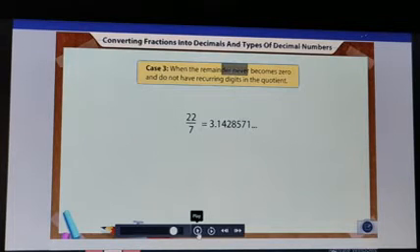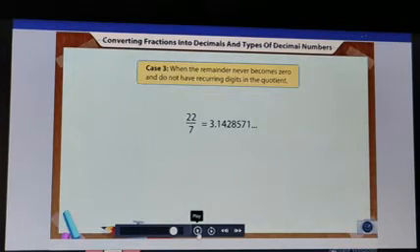Then these cases are known as non-terminating, non-recurring. Though the example is not given the perfect way, as 22 by 7 is 3.142857, 142857, 142857. In this case also 142857 repeats itself, but for the example you can consider it as 3.1428571, which is not repeating till now.